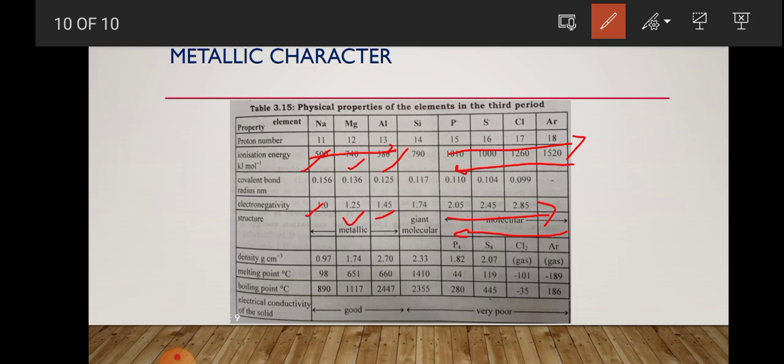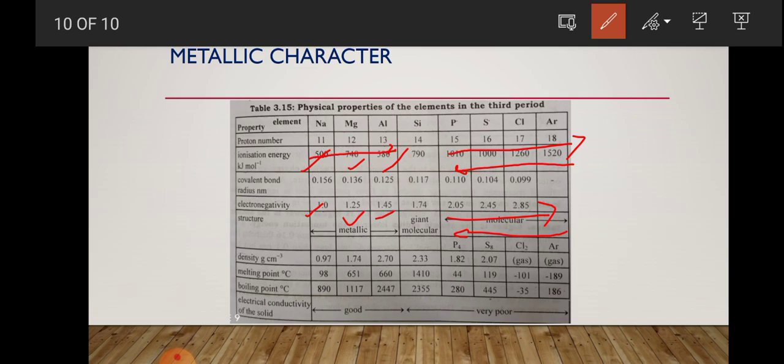Metals have a crystalline structure, so their melting point, boiling point and density are very high. In a period, as we move from group 1 to 4, these physical properties increase progressively.